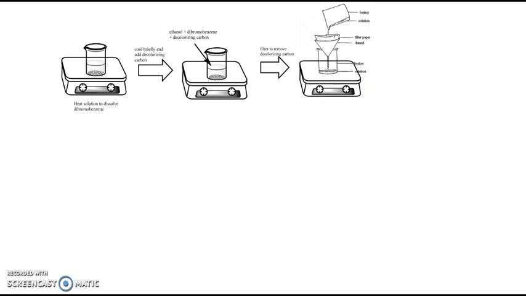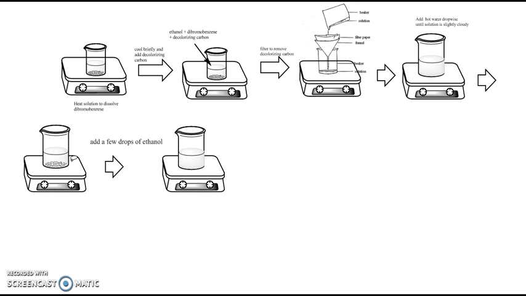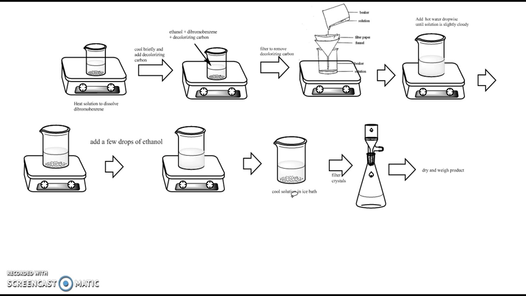So once we've done that filtration, we have our clear solution because we filtered off the solid decolorizing carbon, and we start adding water to the solution dropwise. Water will make our compound less soluble in the solution. So we want to add the minimum amount of water to get it to come back out of solution. Once we do this, we add a few drops of ethanol back to the solution so that it clears up again, and then we cool it to get our product out. We cool it on an ice bath, we filter, and we dry and weigh our product.